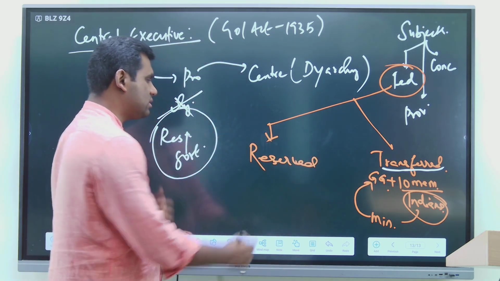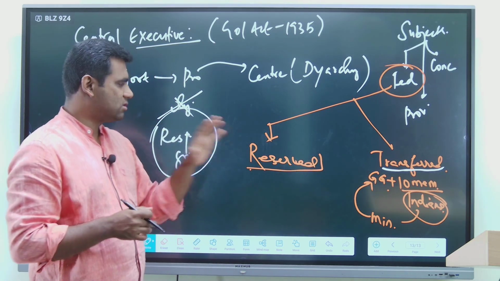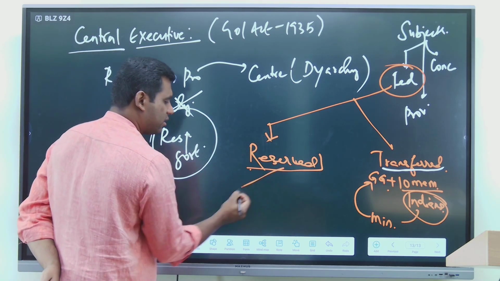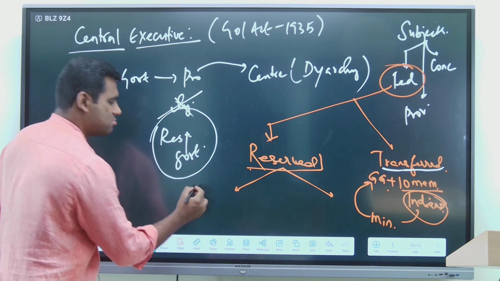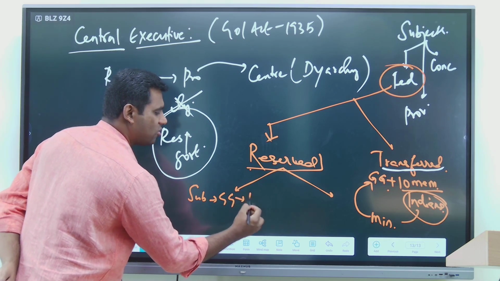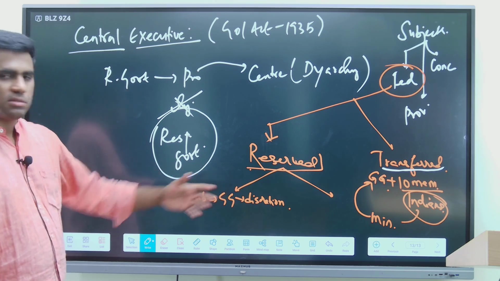So when it comes to reserved subjects, this is where you have to pay good attention now. Listen to what I have to say clearly. When it comes to reserved subjects, again there are two differentiations that are created. One are subjects where the Governor General completely acts on his own discretion, and I'll tell you what these subjects are.